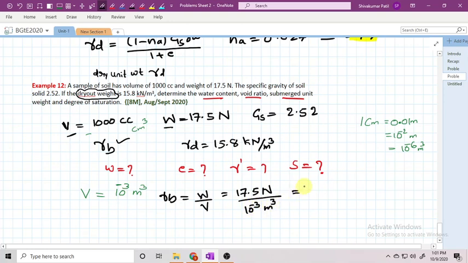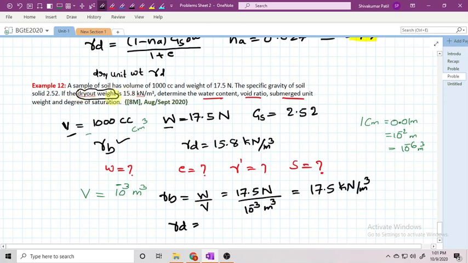If you calculate that, you will get 17.5 kilonewton per meter cube. That is my gamma bulk, and gamma d they anyway gave here. Maybe it is a misprint, actually they gave dry out weight.